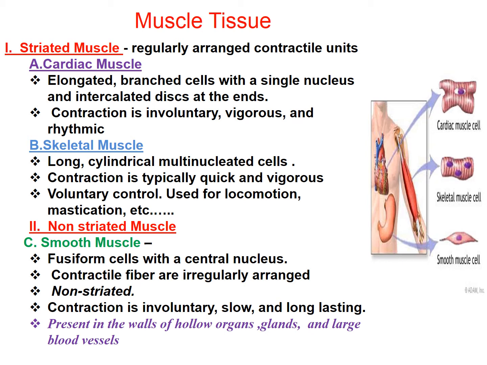Its cells are fusiform with a central nucleus. Contractile fibers are irregularly arranged, non-striated. Contraction is involuntary, slow, and long-standing. It is present in the walls of hollow organs, glands, and large blood vessels.